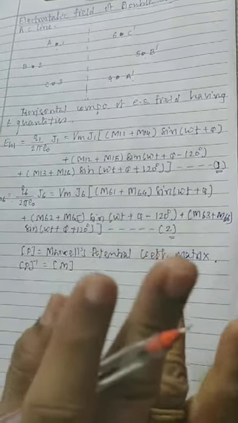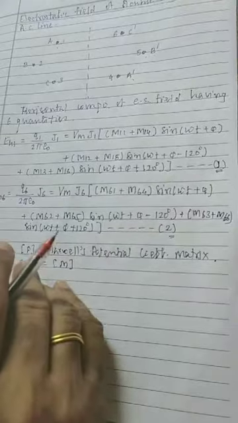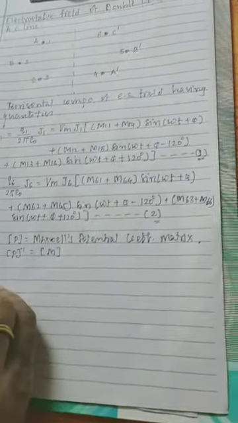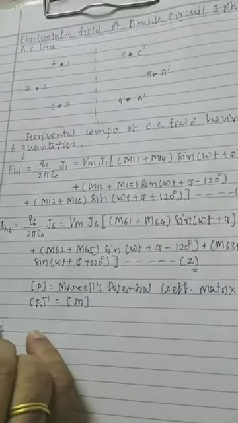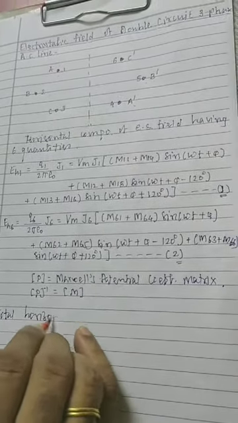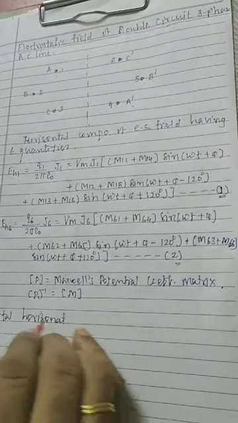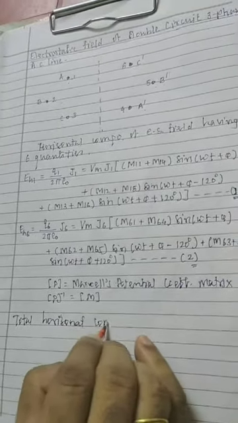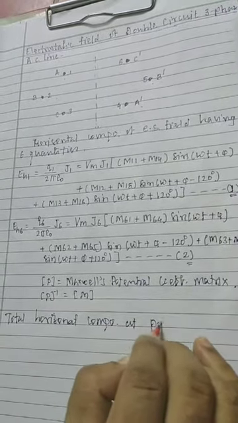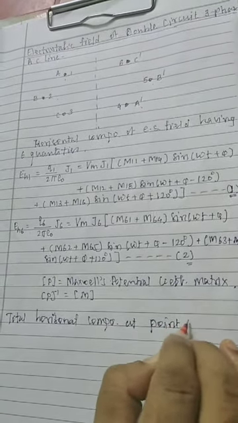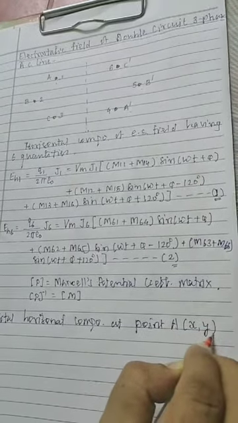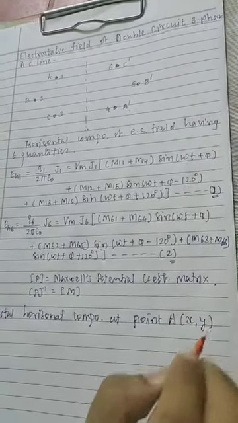Now the total horizontal component at point A, whose coordinates are x and y. We have seen this thing.